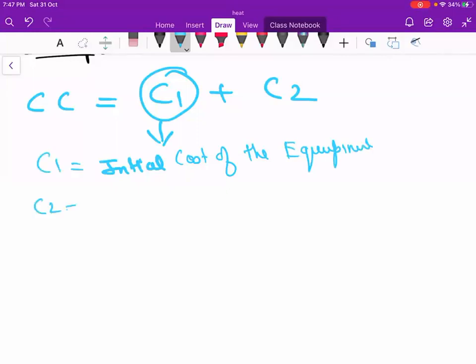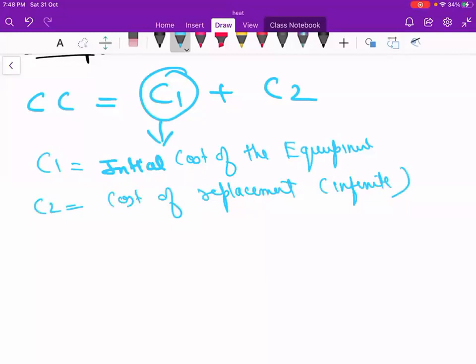What is C2? C2 is the cost of replacement, which is infinite. What is infinite here? Up to which your industry is working. It means after every 10 years you want that money.